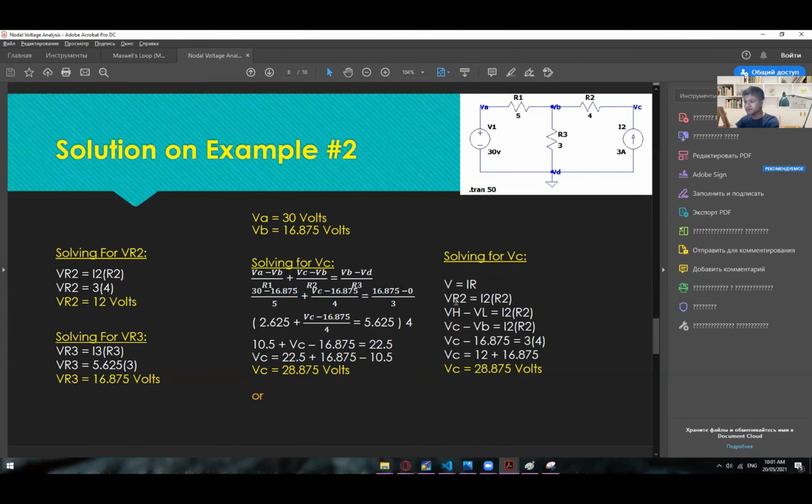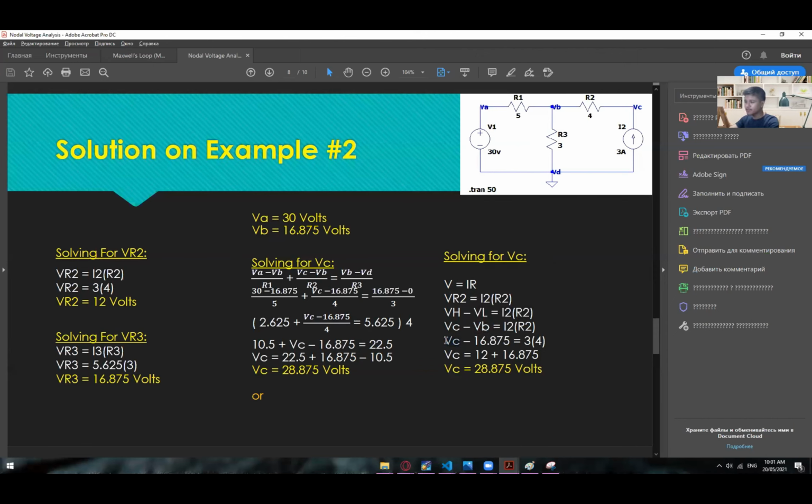Or you can use the VIR, or VR2 is equal to I2 times R2, because in here VR2 is VH minus VL is equal to I2 times R2, wherein VH is VC and VL is VB, retaining the I2 and R2.